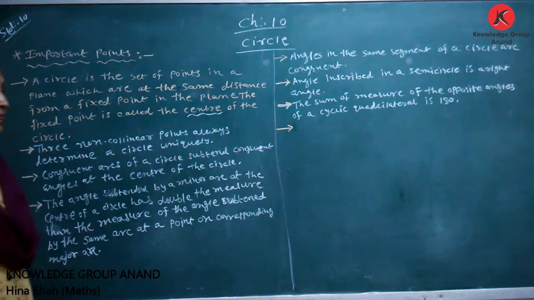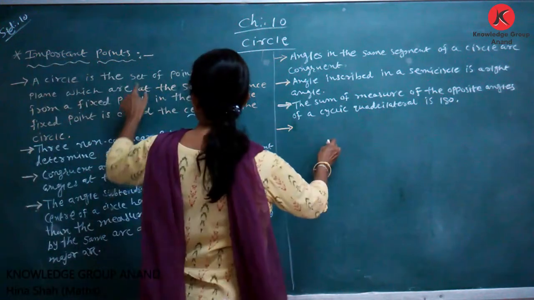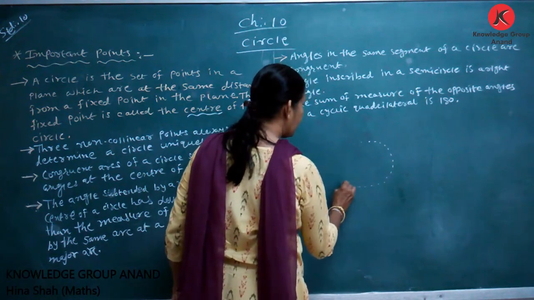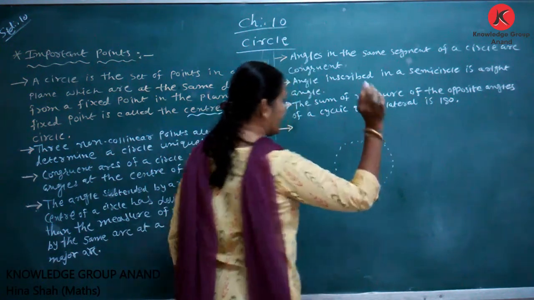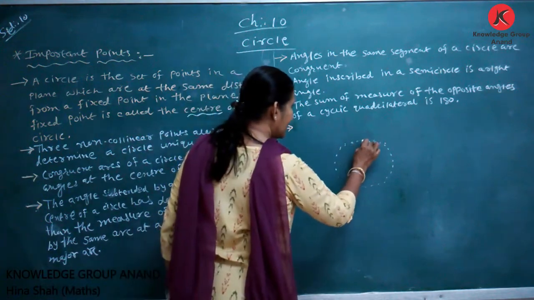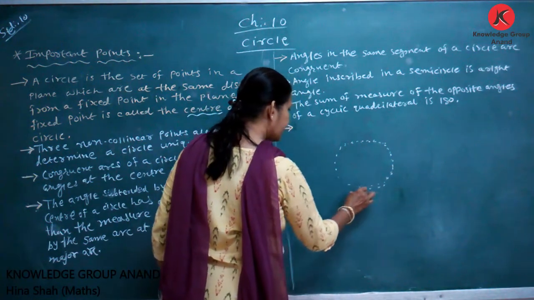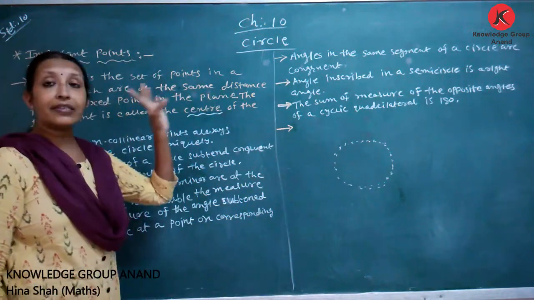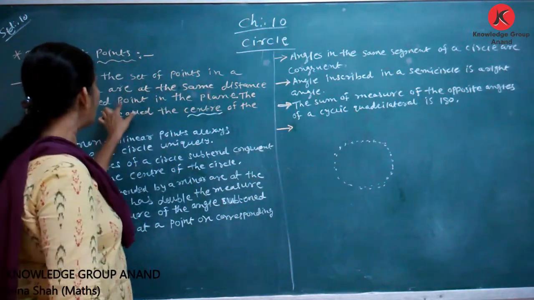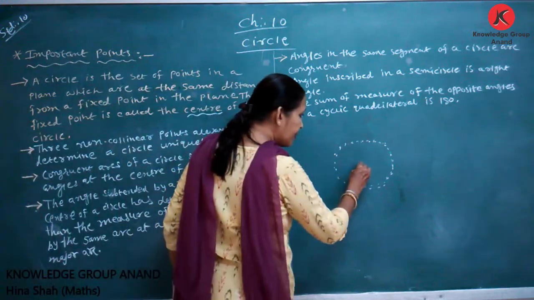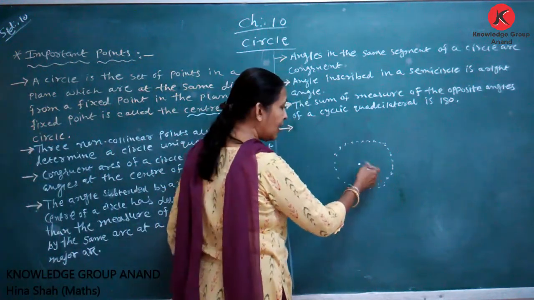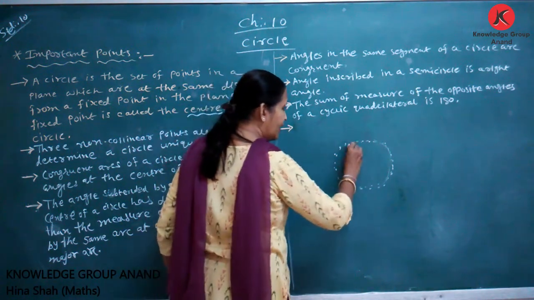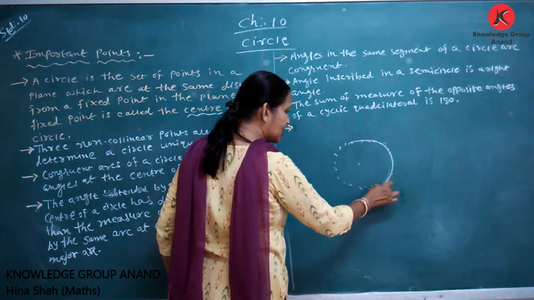What is center? A circle is a set of points. There are infinite points, and then we draw a circle. Points in a plane which are at the same distance from a fixed point. We put the compass here and then draw this type of circle.